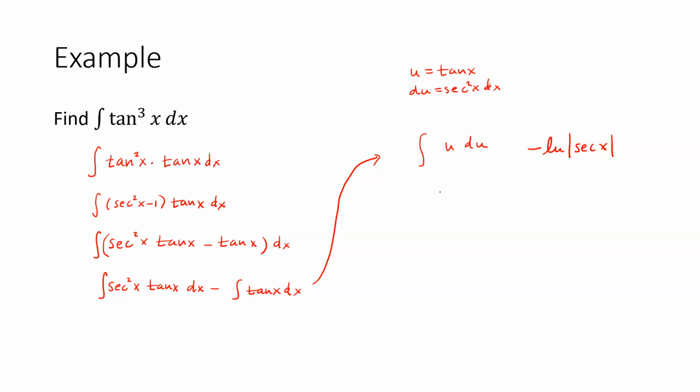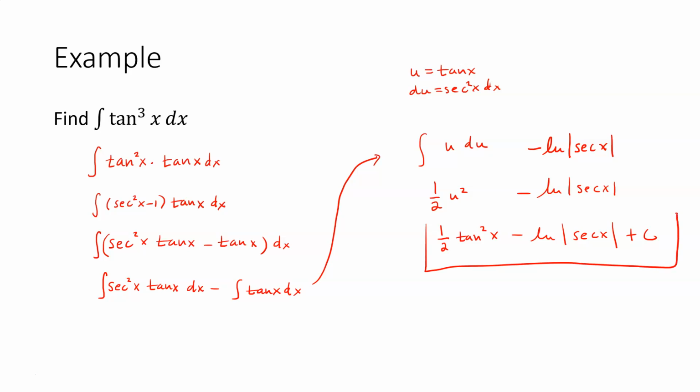And now integrating that, we have 1/2 u squared, which then we substitute the tan x back in for u. And there we have it. So we'll bring down the natural log for the final result.